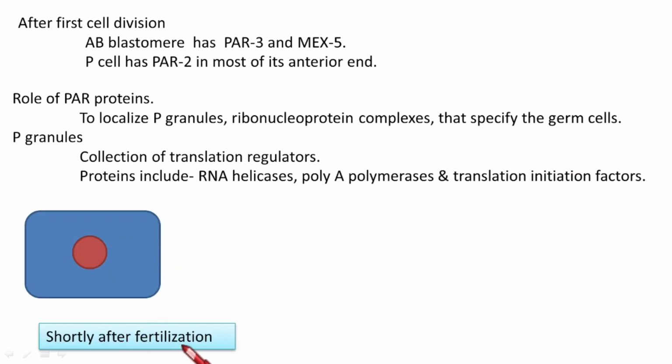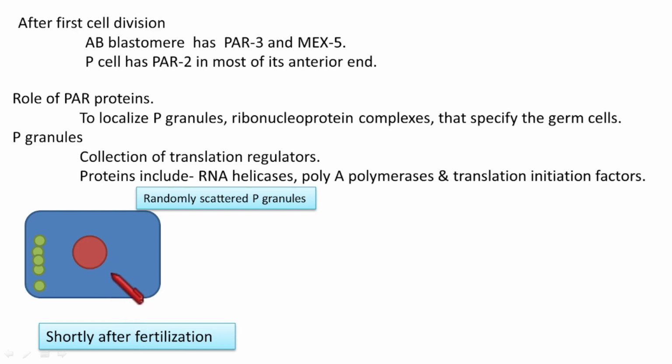Shortly after fertilization, the randomly scattered P granules in the cytoplasm of the egg move to one of its ends, that is its posterior end. Then the zygote undergoes first division.